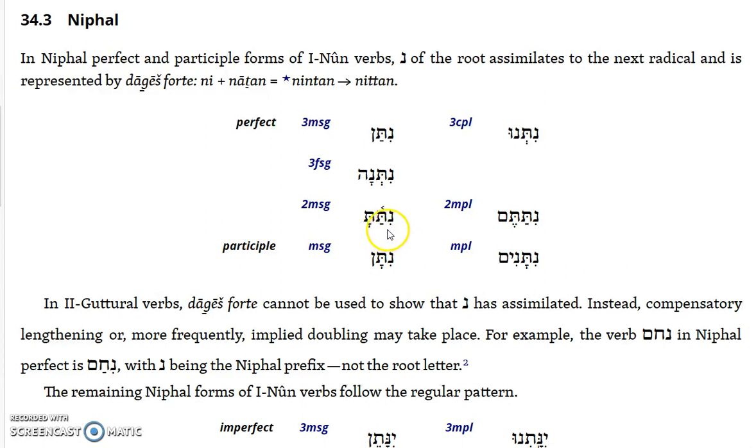The first nun, the nun that you see, is the nun of the niphal. The nun of the root has assimilated into the middle consonant tav, and the final nun has assimilated into the ending. The participle would have started off nintan, but then it becomes nittan. The participle has a long A, kamats. And on down the list, the nun assimilates in some cases, and the final nun also assimilates into the ending.